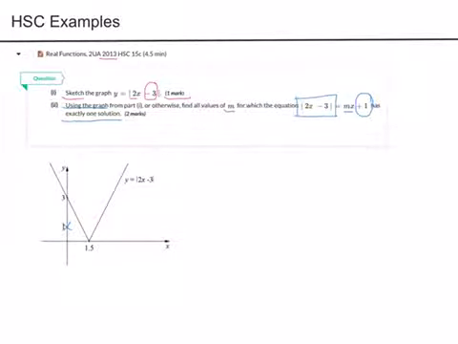This means that if it has one solution when you equate them to each other, they will intersect at one point only. So we are looking for any valid gradients that mean the lines touch each other at one point but don't physically cross each other any more than that.